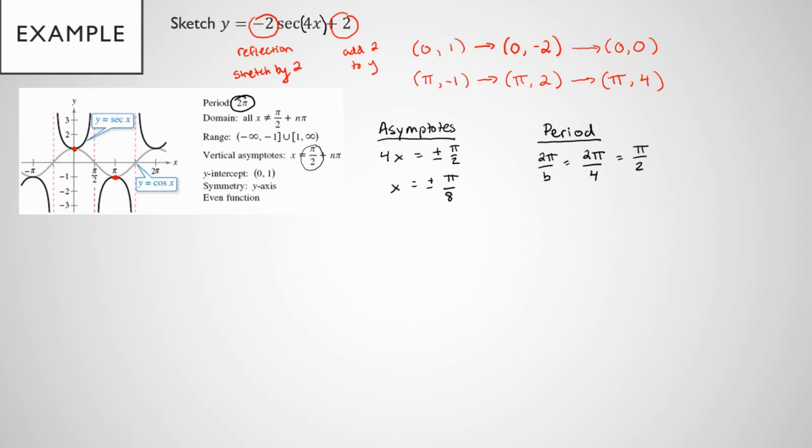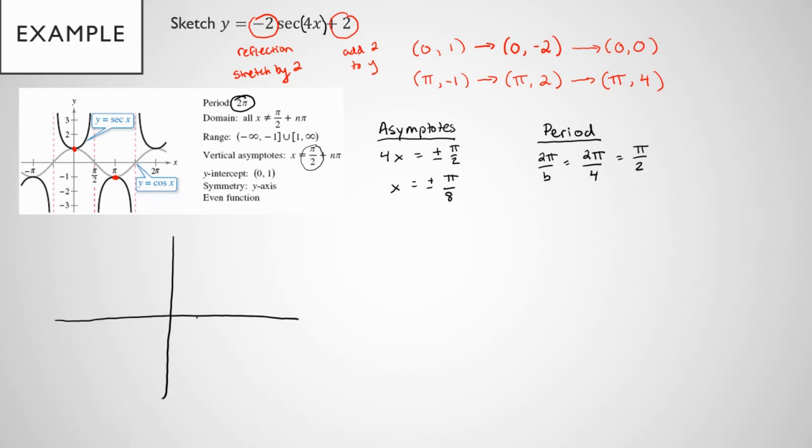So here's where we start getting into some tricky stuff, and this is why these kinds of functions with the secant and all that are very tricky to graph. So I'm not going to worry about the domain for now. I'm just going to start with giving you a graph.